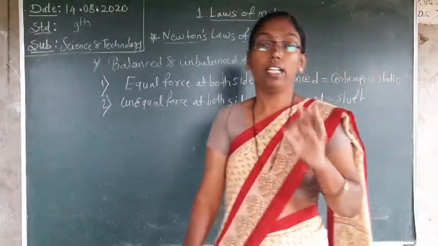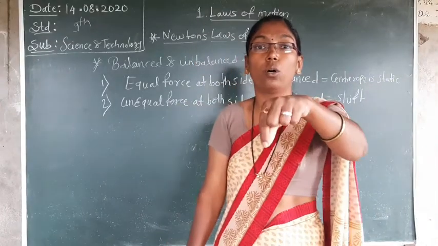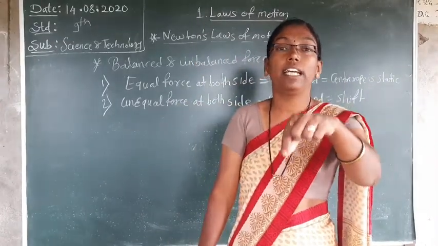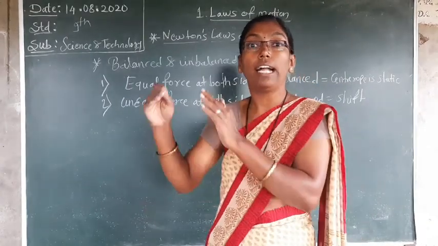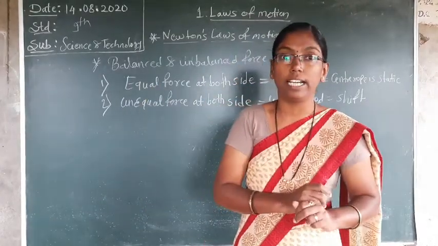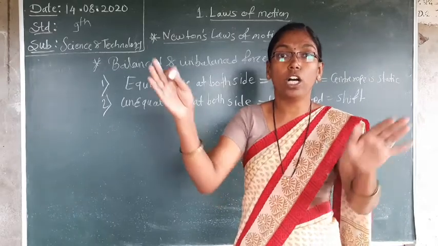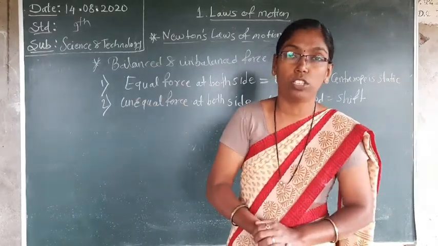Don't forget, in balanced force the center rope will be static. It cannot move from one place to another, to the left side or right side. It cannot move. Why? Because balanced forces are there at the two sides.